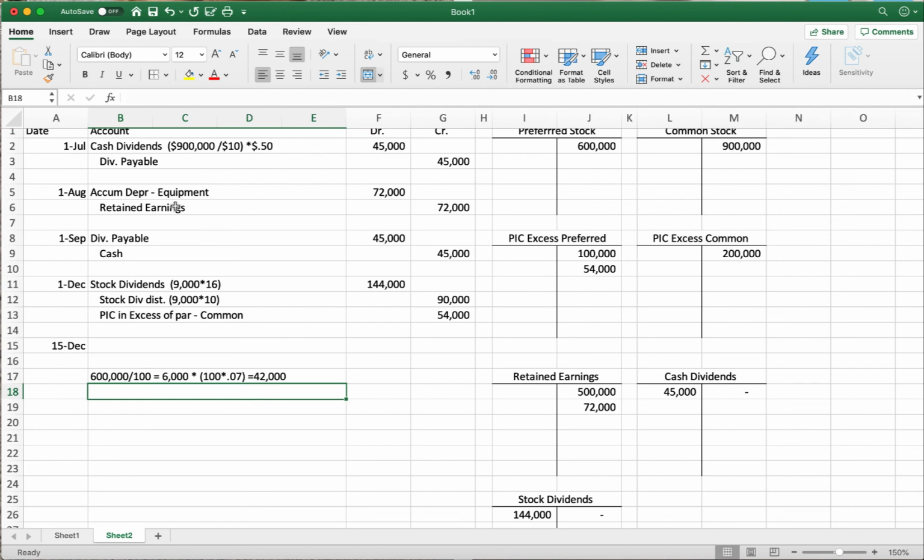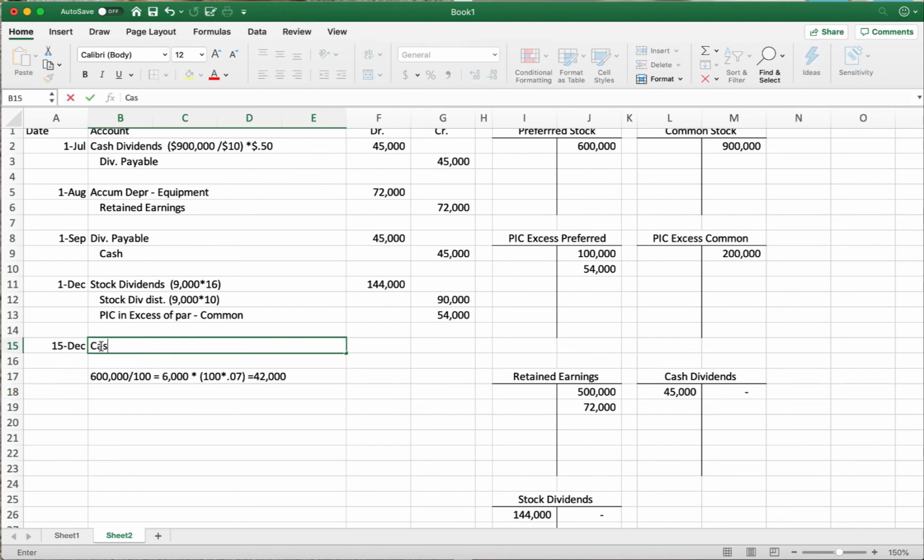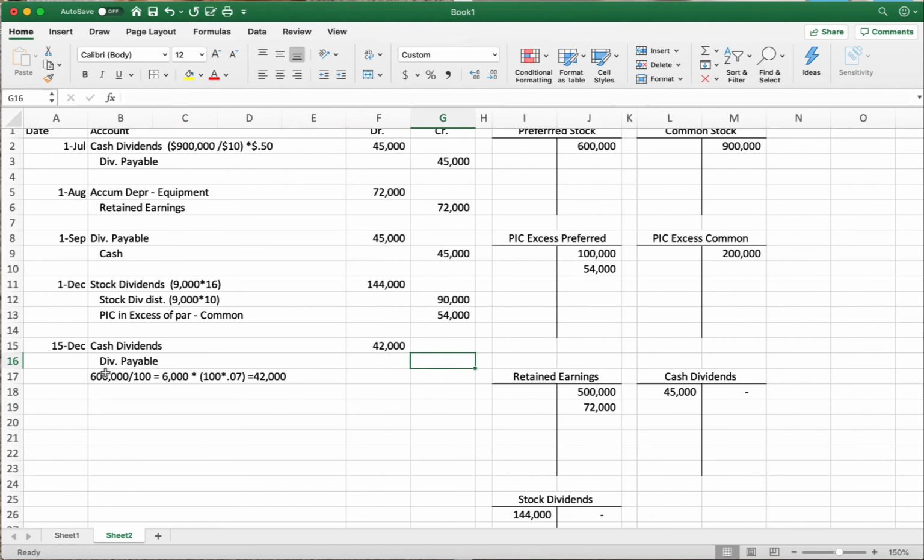That's the amount of the journal entry, okay? So I'm going to debit cash dividends for the $42,000, and I'm going to credit dividends payable for the $42,000, okay?